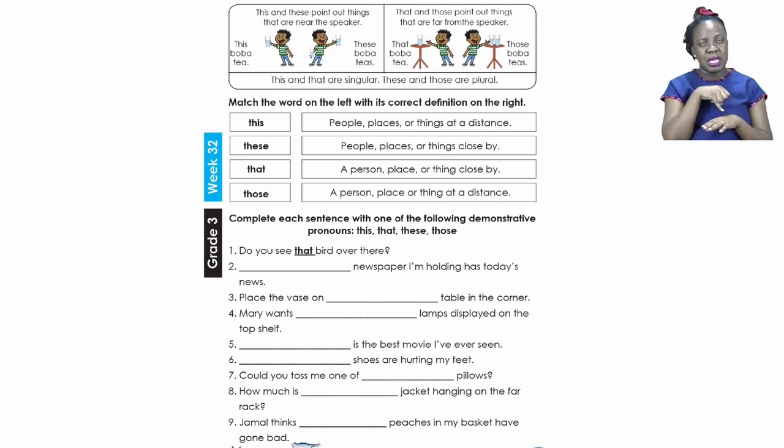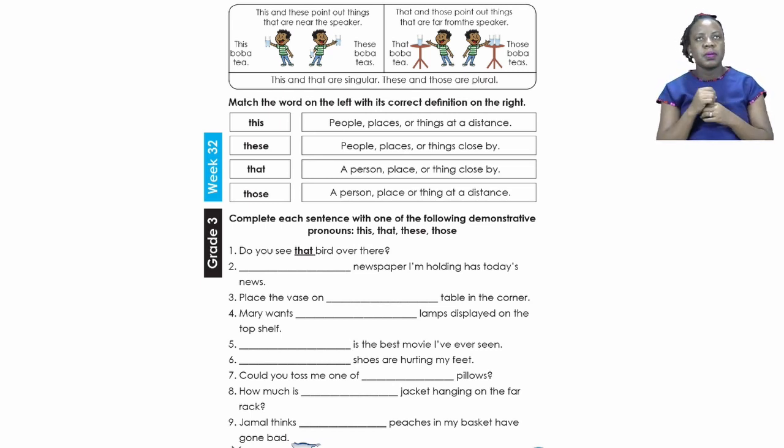Now remember, you're supposed to match with a line. Take a good look at the boy and read it again if you're not sure. And then after that, you can complete the exercise by doing the last part. It's asking us to complete the sentences with one of the following demonstrative pronouns: either this, that, these, or those.